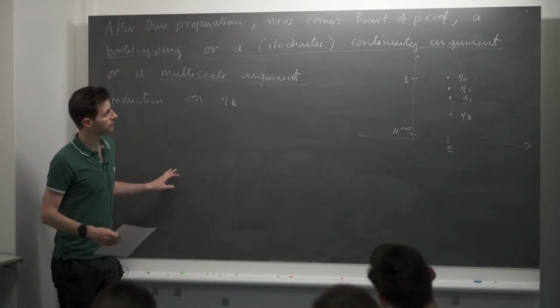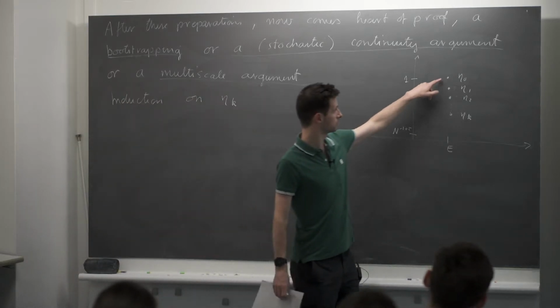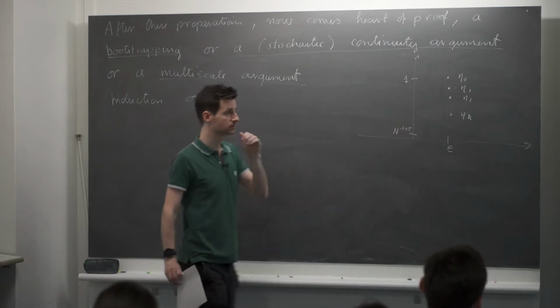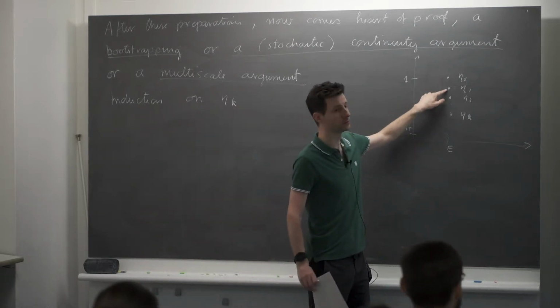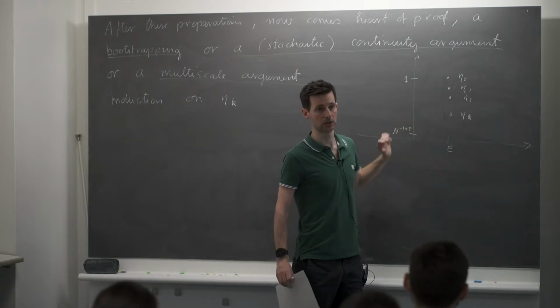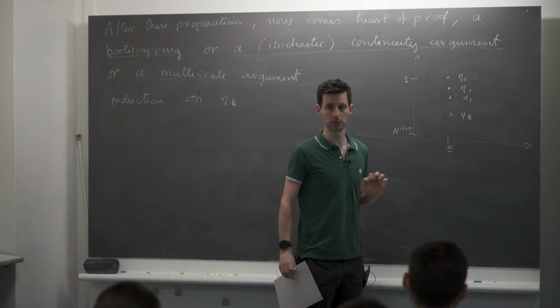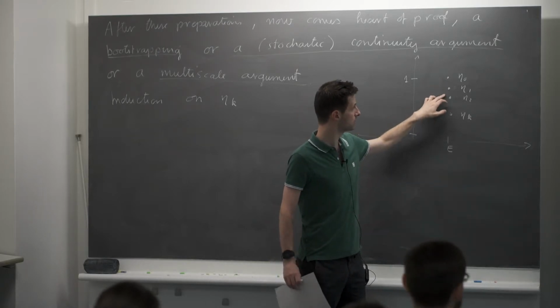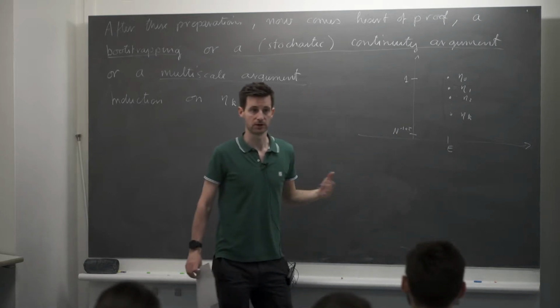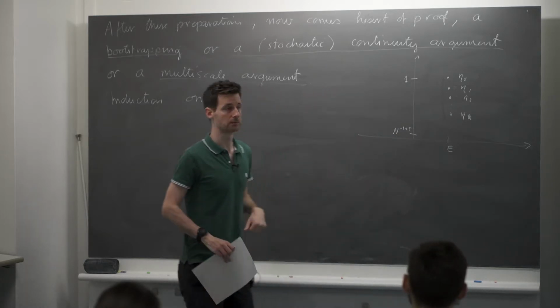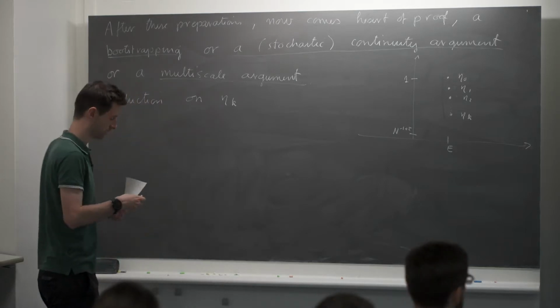If it were a normal continuity argument, you could just do it continuously on the line. However, you will see every time we do one step, we lose some probability. And we can only afford to lose so much probability. And if we did it in a continuous way, we would lose far too much probability, because there's an infinite number of steps. So we have to have a finite number of steps.